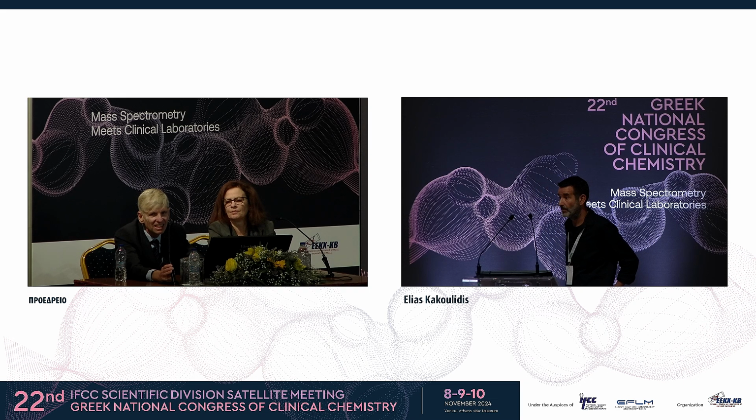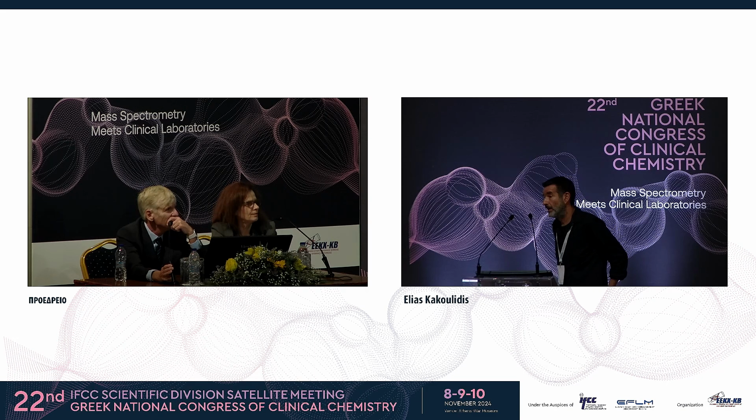Most of the reference methods that are based on isotope dilution do match the concentration of the analyte with the internal standard. So that's what you said, yeah? No, actually, no. This would also be very helpful because it reduces the uncertainty. It depends on who is doing the measurement and the procedures.